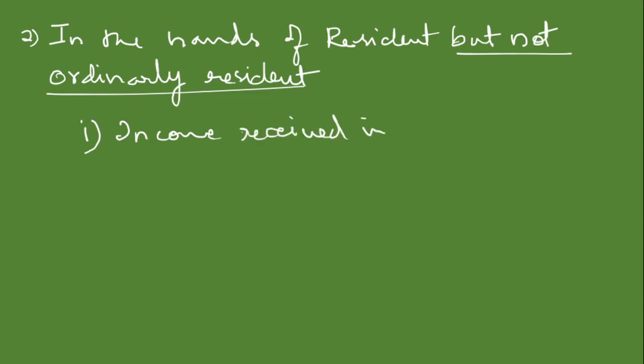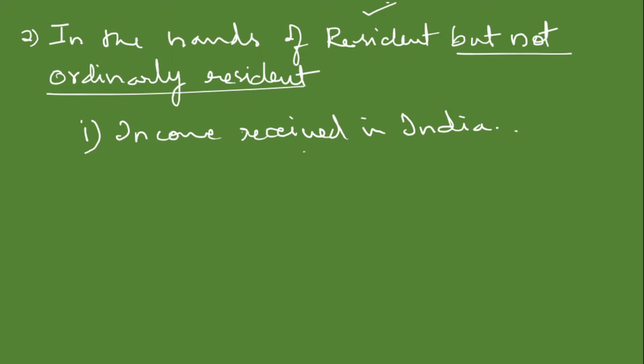Another example: my father is outside and gets a pension from India, but he is not a permanent resident, but he is an ordinary resident. Then this is not applicable. This is only for a resident, permanent resident but not ordinarily resident.